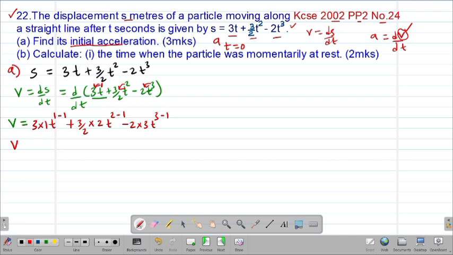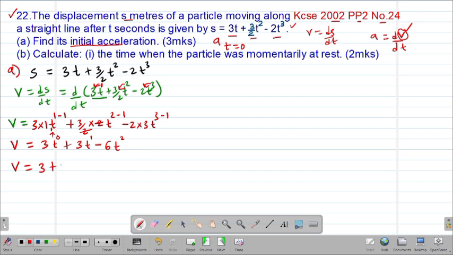So that means our v will be equal to 3t to the power of 0, plus the 2 and 2 will cancel out, so we'll have 3t to the power of 1, then minus 6t to the power of 2. Clearly t power 0 will give us 1, and 1 times 3 gives 3.